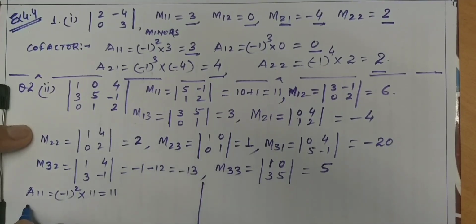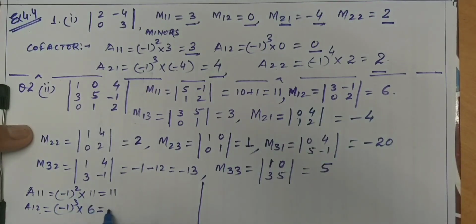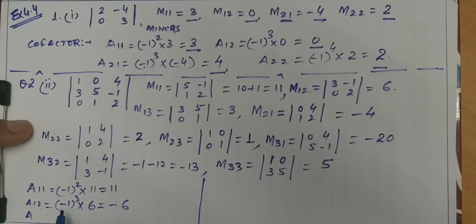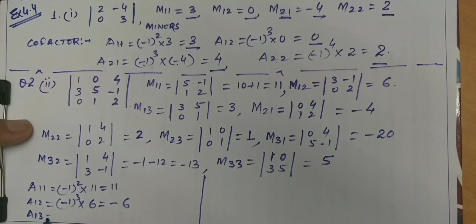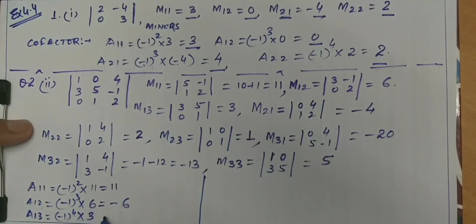Now A12 means minus 1 to the power 3 into A12, 6, so which is equal to minus 6. A13 means minus 1 to the power 4 into A13 we got 3, so this is positive, plus 3.